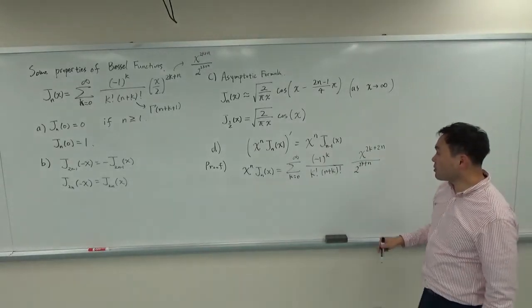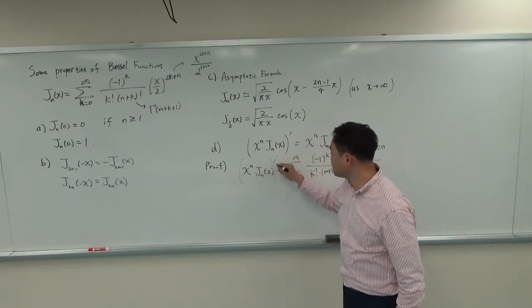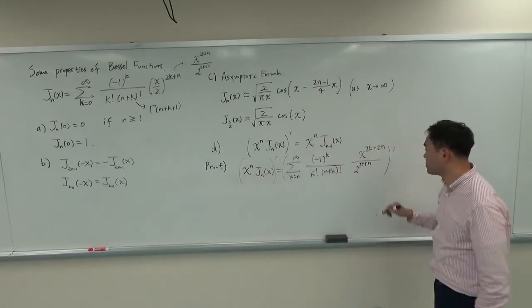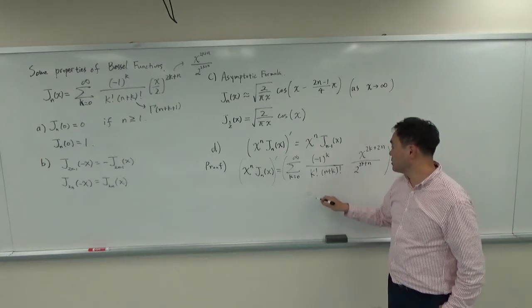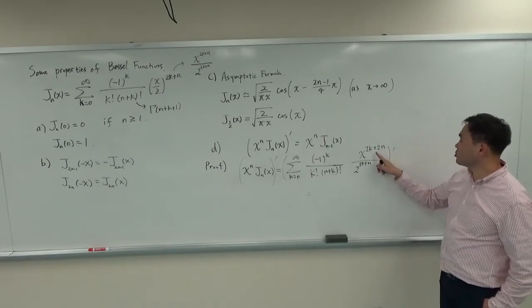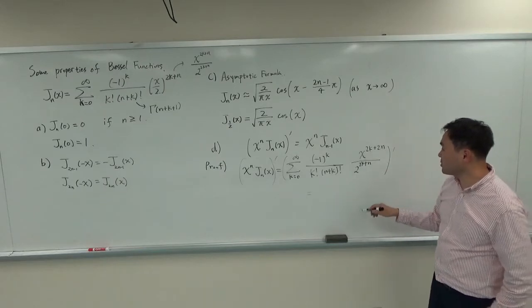Okay. So now let's differentiate this. It's a really straightforward differentiation. Okay? And if you do that, then 2k plus 2n comes in front, right?